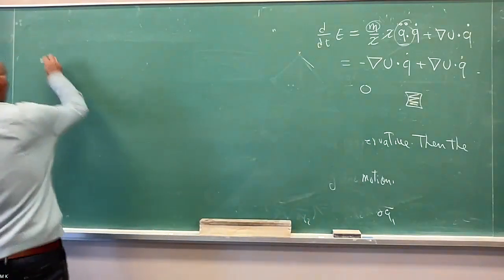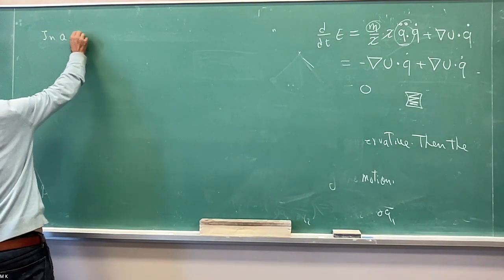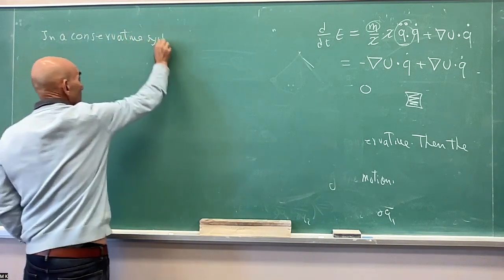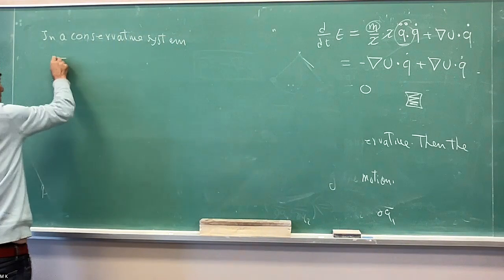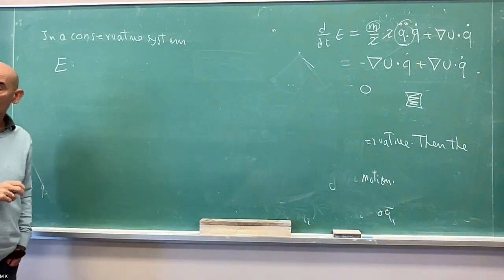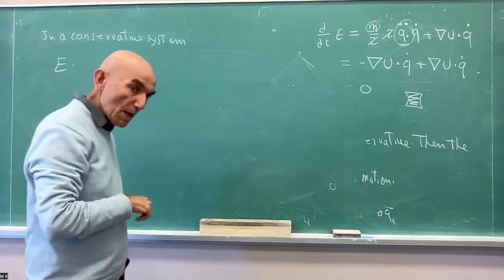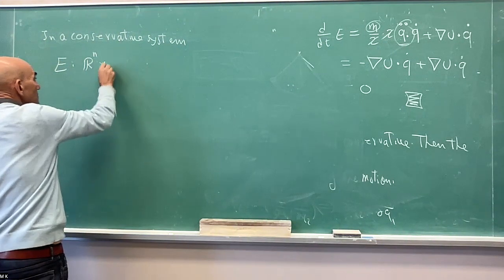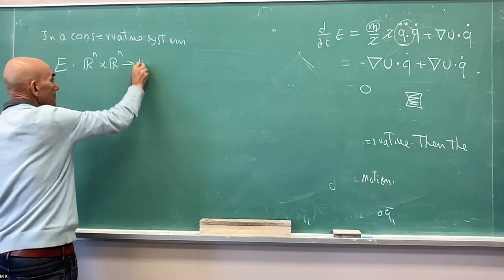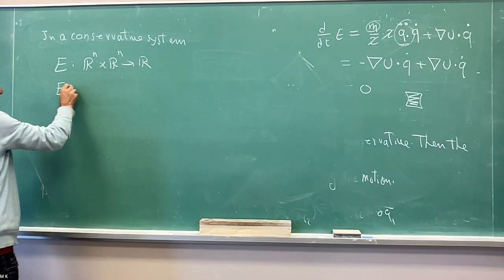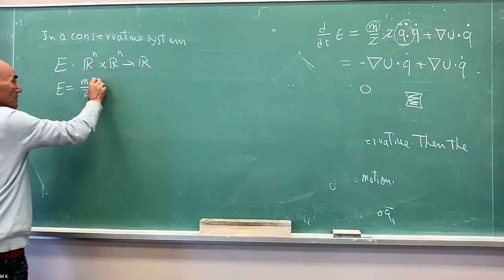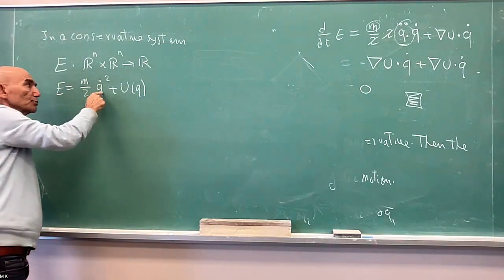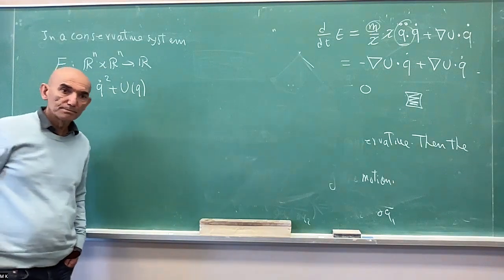So in a conservative system, energy E, of course, is a function from Rn cross Rn to R, right? I mean, this E is m over 2 q dot squared plus U of q. So this is one factor Rn, this q dot is another factor from Rn, right?